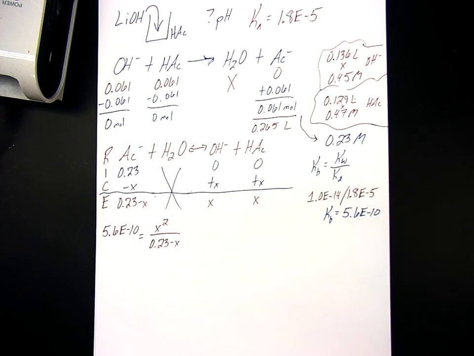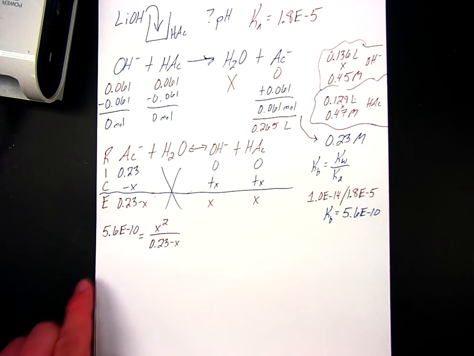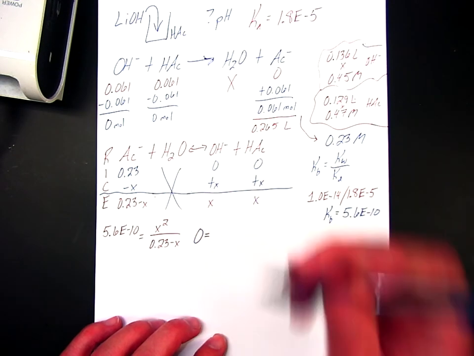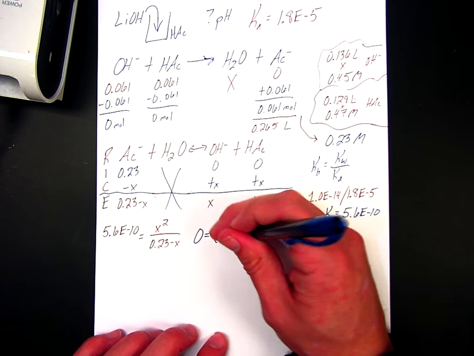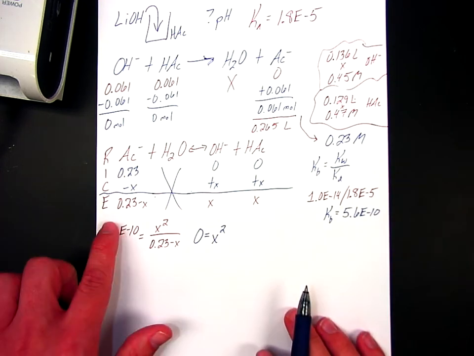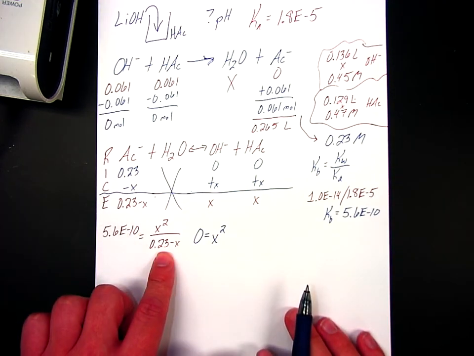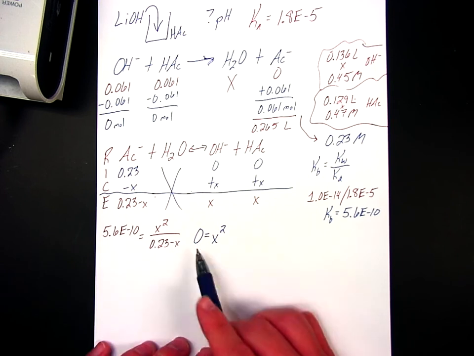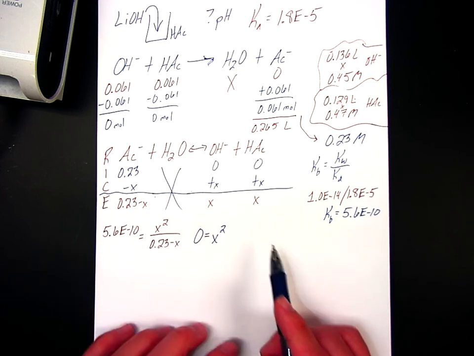I'll go ahead and cross-multiply this into a 0 equals expression, right? So the X squared will stay the same, but remember, when you cross-multiply this way, it initially starts everything on the opposite side of the equality. So to move it over, we just reverse the sign.